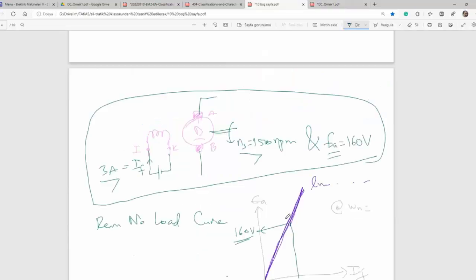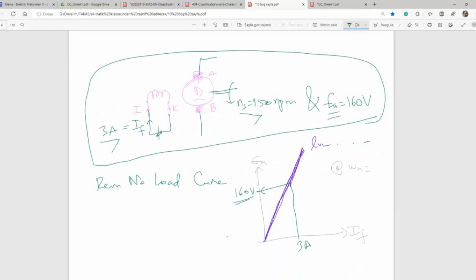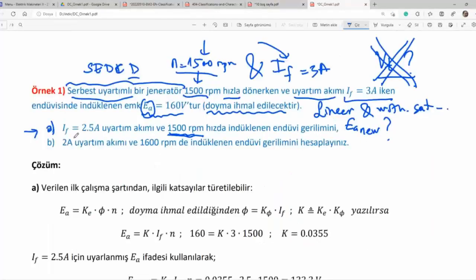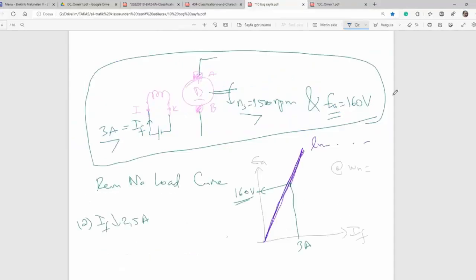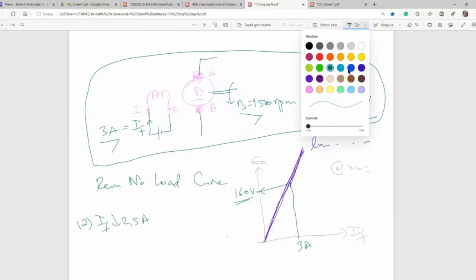And there's a change in the question. The field current is decreased down to 2.5 amps. Let's check it out. Here it is, at the same speed. And what is the EMF? It looks easy.